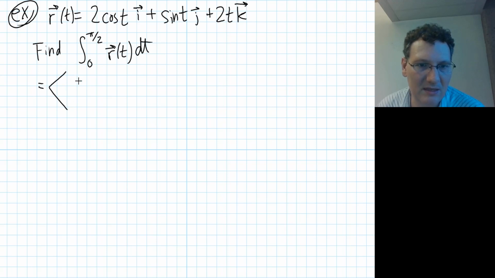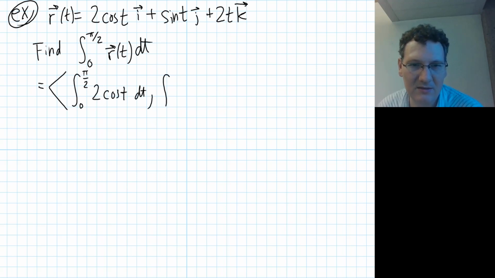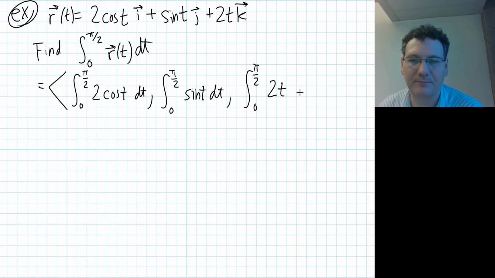We could just write it in these components, so integral from 0 to pi over 2 of 2 cosine t dt, integral from 0 to pi over 2 of sine of t dt, and then we have integral from 0 to pi over 2 of 2t dt. So we're just going to evaluate these one by one.